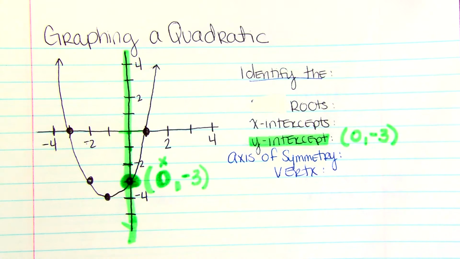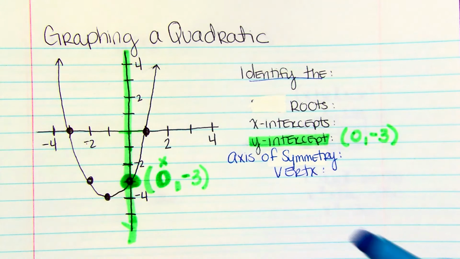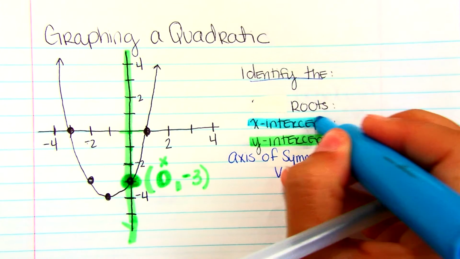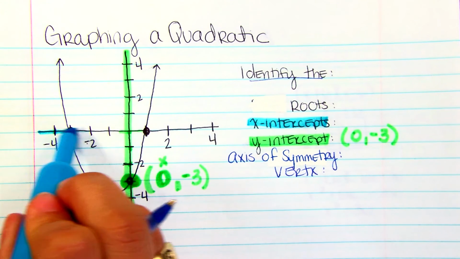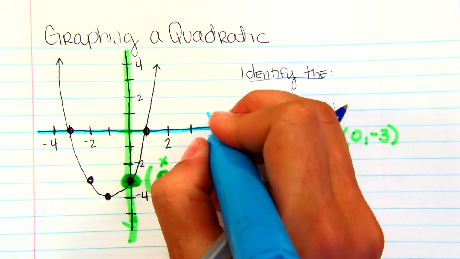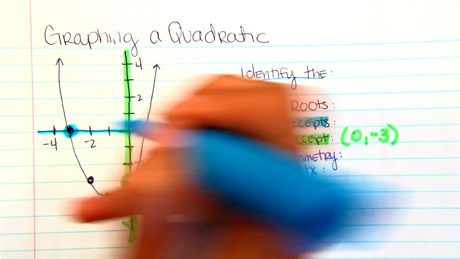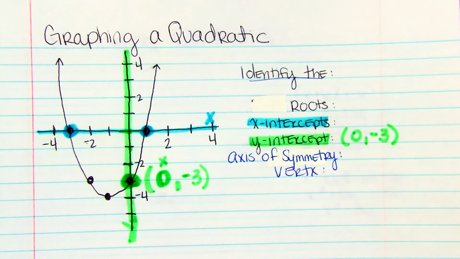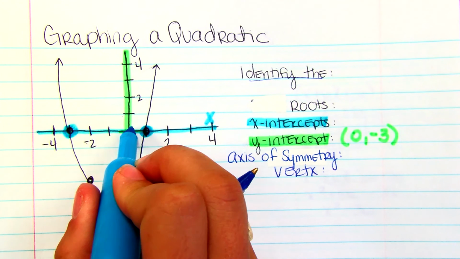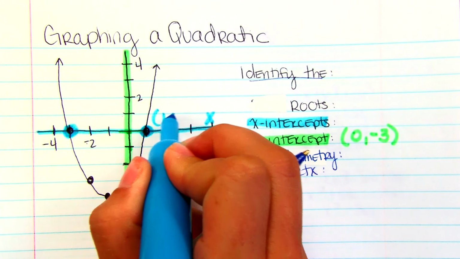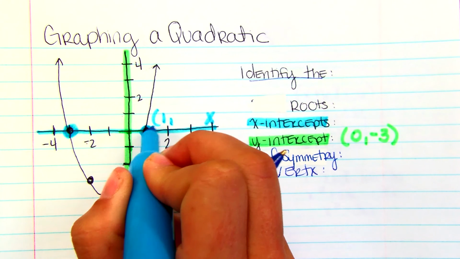Then the next thing I'm going to think about is the x-intercepts, because that's the other easy thing for me. So this is the x-axis. The x-intercepts will be the 1 or 2 coordinates where the graph intersects the x-axis. To get to this point, I go right 1, and then up or down 0.